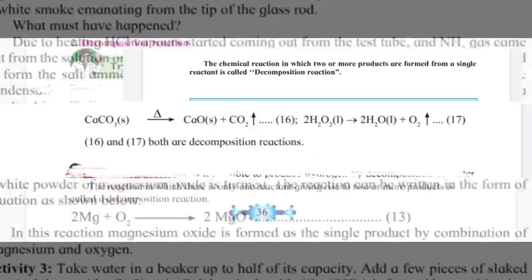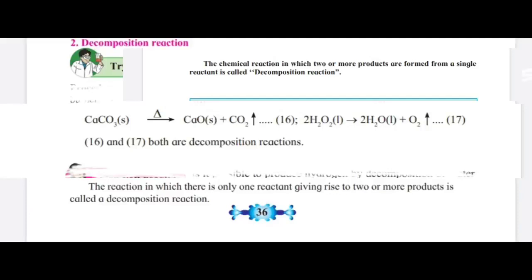Second type of reaction is the decomposition reaction. The chemical reaction in which 2 or more products are formed from a single reactant is called a decomposition reaction.